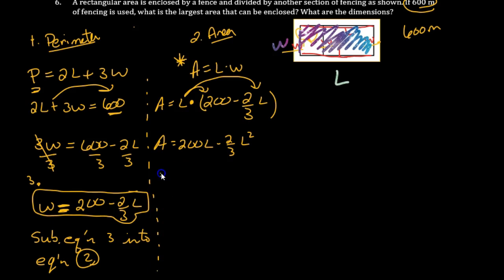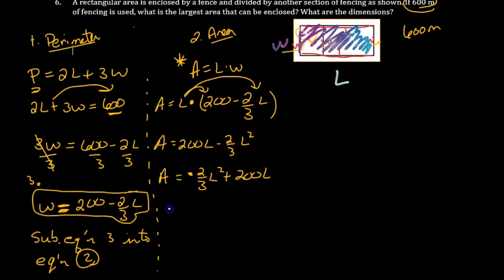You do not need to write it with the squared term in front. However, if some people are a little unsure, they can do that. So your L squared term in front will be negative 2/3 L squared. So this went in front, and then you've got your 200L.